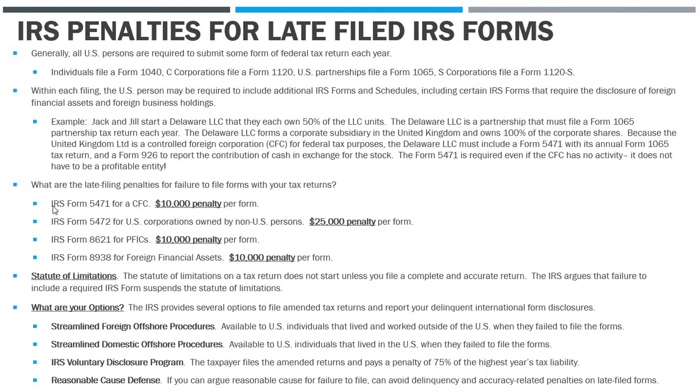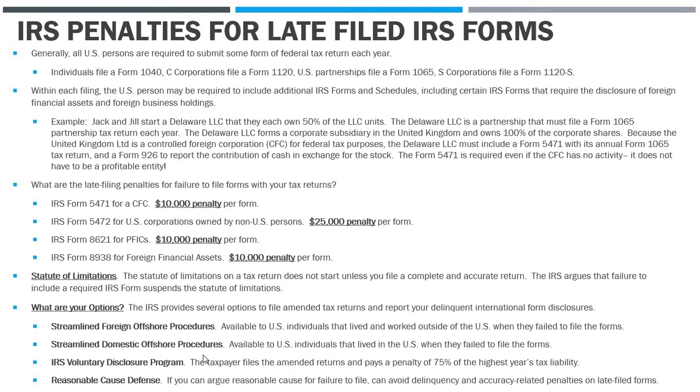So you should have done a 5471. You can file amended returns under the Foreign Offshore Procedures Program, include the 5471, anything else you need to disclose, and as long as you meet the requirements of these foreign offshore procedures, you shouldn't be subject to any kind of penalties. If you owe tax, you have to pay the taxes, but you shouldn't be penalized, this $10,000 hit for failing to do that.